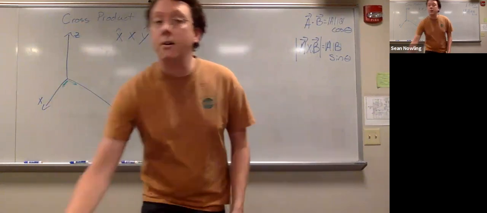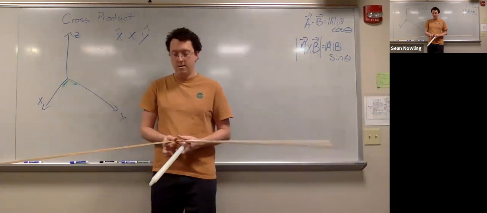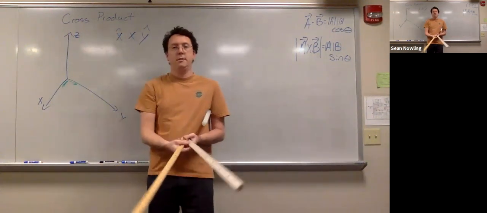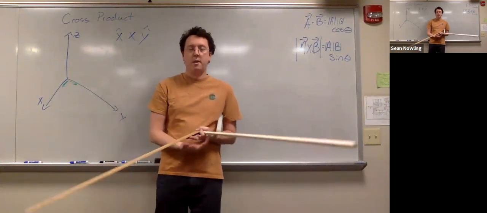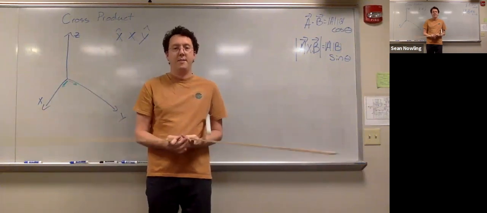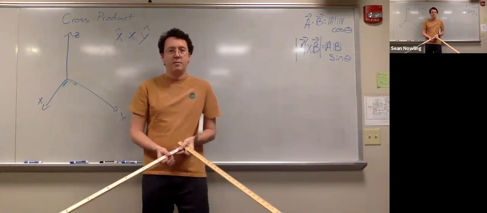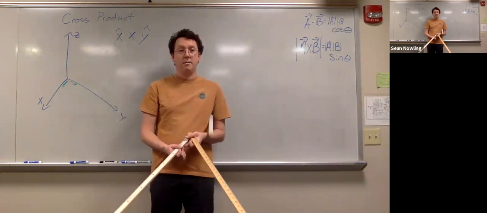So let's figure it out. I'm going to try to line these up. Okay, I think I had these swapped from before. Let's try that. You're looking at the quadrant.